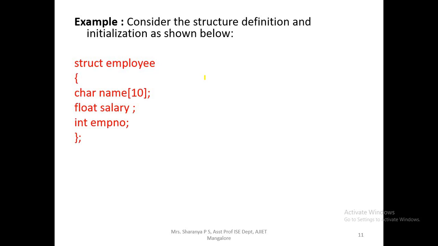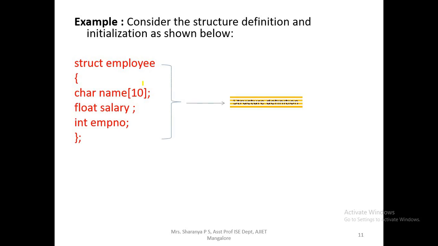Now we'll look at an example of how this works using the dot operator. This is the employee structure I am referring to, where I have created a different data type which will store name, salary and employee number. These 3 different data types are all clubbed together under this structure.